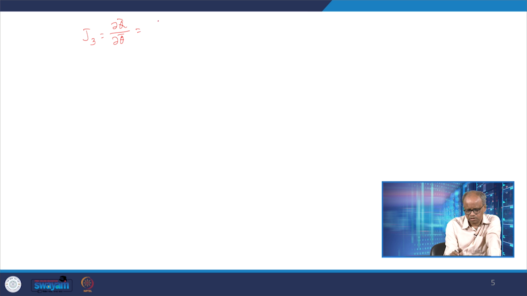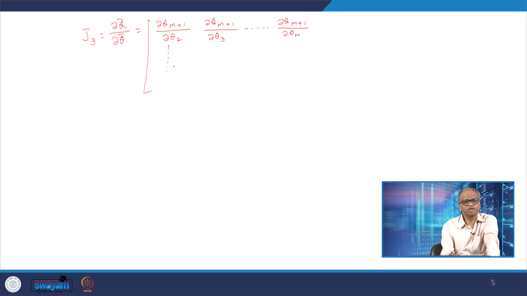So it is nothing but del Qm+1 by del theta 2, then del Qm+1 by del theta 3, and then dot dot dot del Qm+1 by del theta n, and then it goes like this.